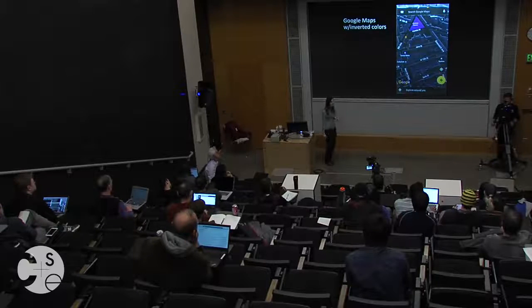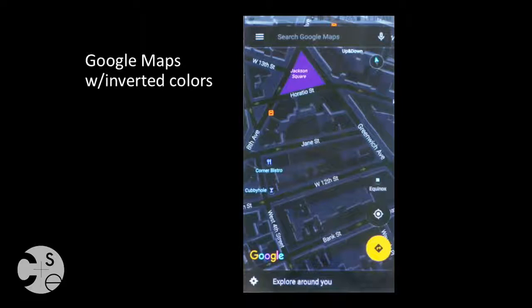Colors are not very contrasting. So we can see now the white text of the street names over the dark background very well. And this is what our low vision participants experienced too. So that was fantastic, and that was really what inverted colors was designed to afford.